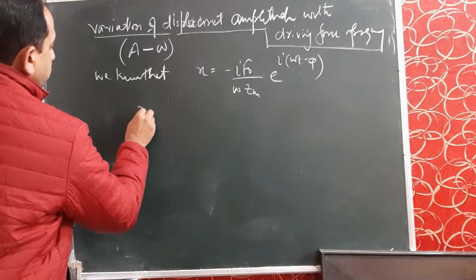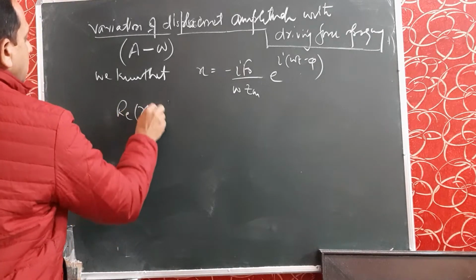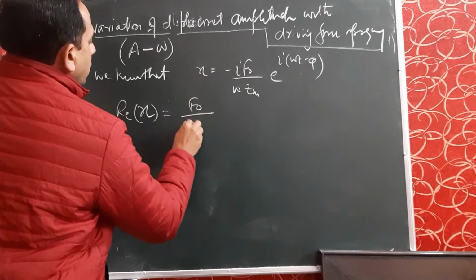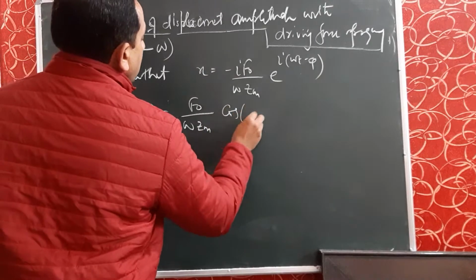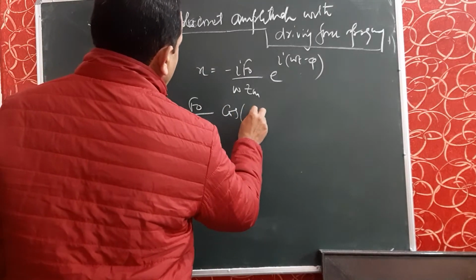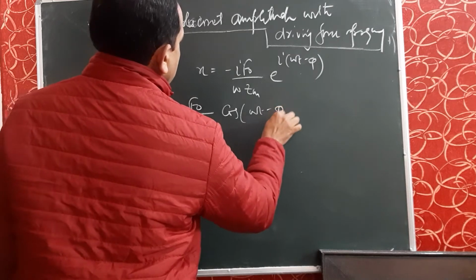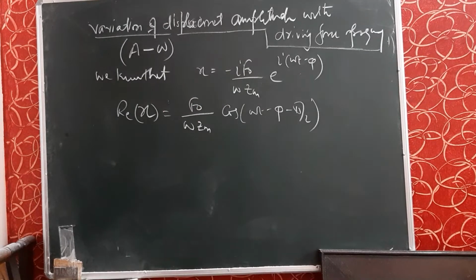So, the real part of x is F naught upon omega Zm into cos of (omega t minus phi minus pi by 2). So, this is the real part. We will consider only the real part of displacement.